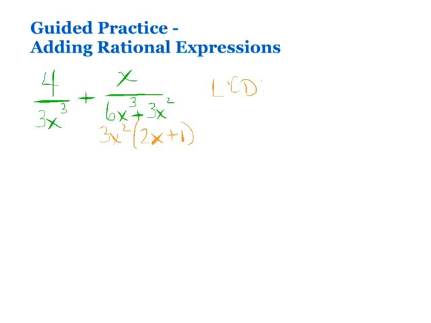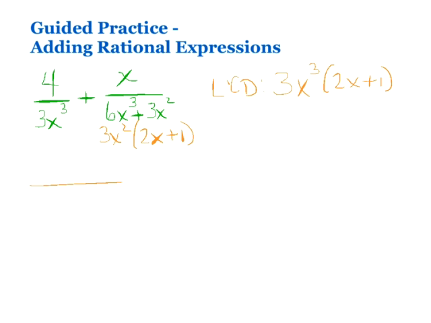The 3x cubed and the 3x squared are already pretty similar. The 3 will definitely be part of our LCD. For the x's, I want to pick the one with the most, so that's going to be the x cubed. And then for the 2x plus 1, there's only one of them, and so that also needs to be included as part of my LCD.